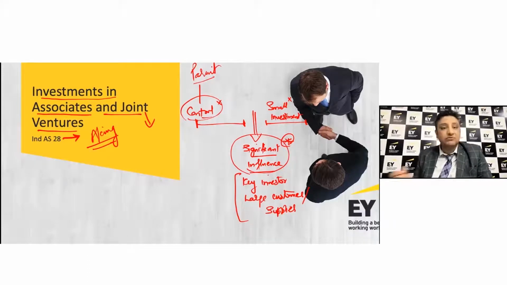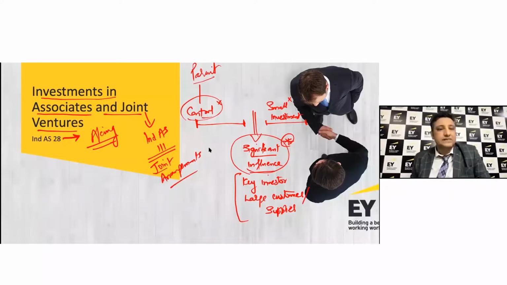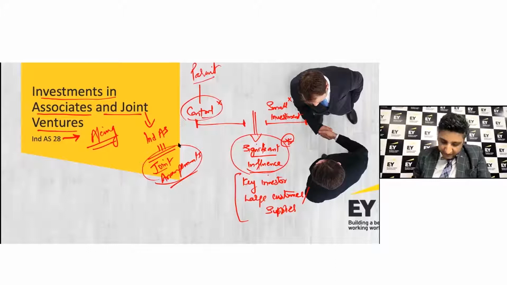The meaning and recognition of joint ventures is dealt with under Ind AS 111, called joint arrangements, which you will understand in a separate discussion. One of the categories of joint arrangement is joint ventures.